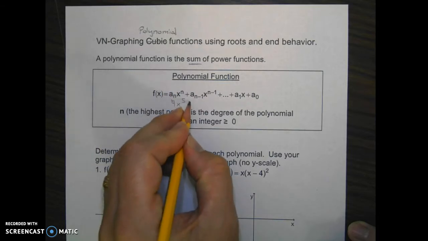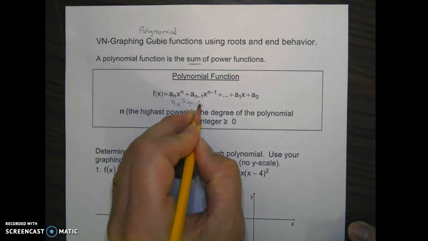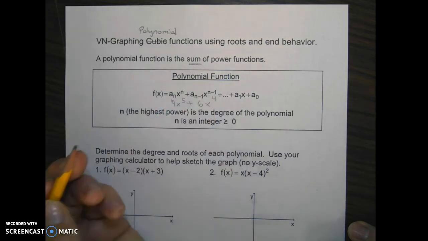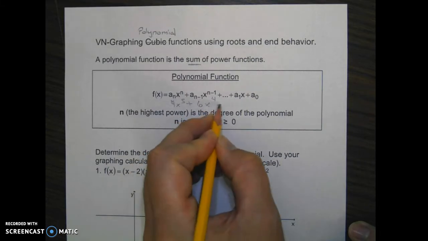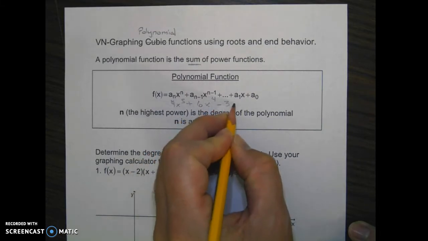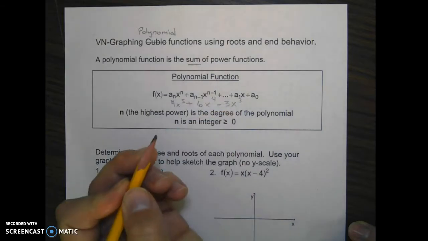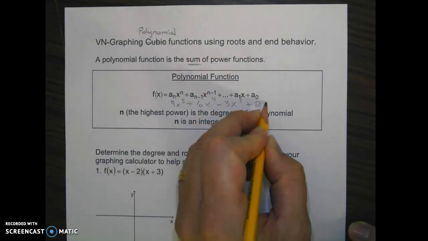And it's the sum of power functions. So the next power function might be 6x to the fourth. And then the next power function might be minus 3x cubed. And the next one might be 2x.